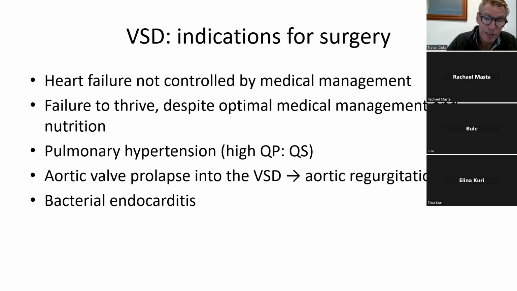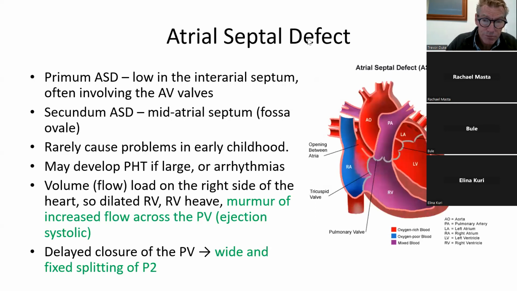I won't talk about the others, but persistent pulmonary hypertension and a couple of other conditions that ventricular septal defects can be complicated by, that can lead to worsening heart failure, and they're indications for rapid surgery in these children. But mostly it's failure to thrive and heart failure that's not well controlled by standard medical management.